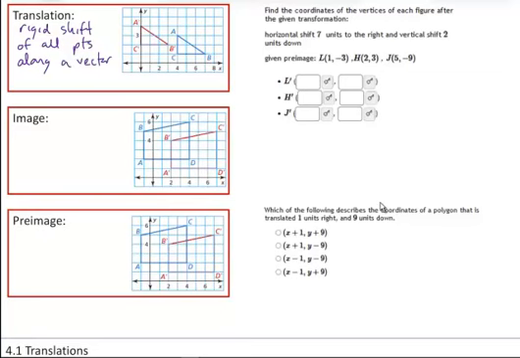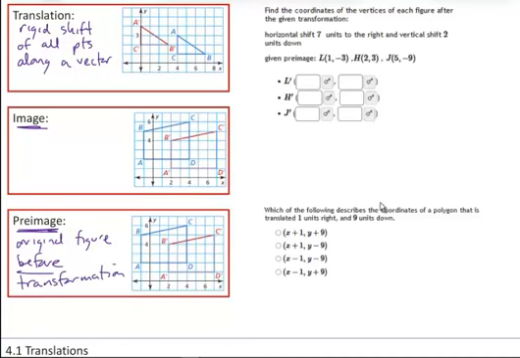Okay, and so when you're looking at this, you're going to be moving from a pre-image to an image. The pre-image is the starting figure in the transformation. So this is the figure before you apply your transformation rules.